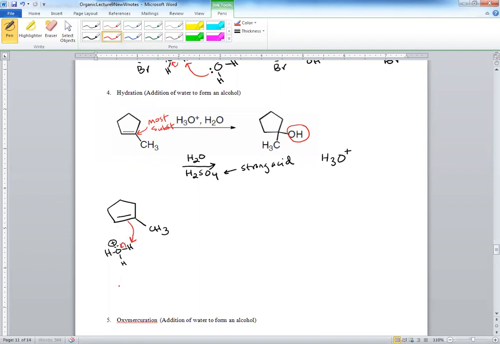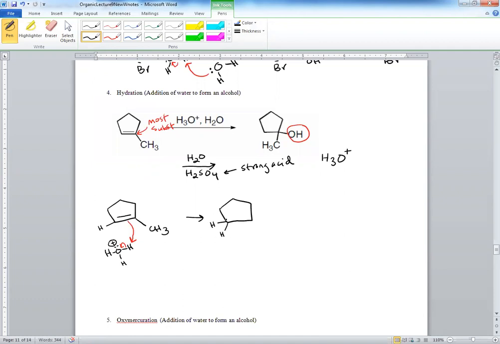The electrons are going to go back to O. And let's say here's the H. We understand before there's an H, so we'll show that for clarity.